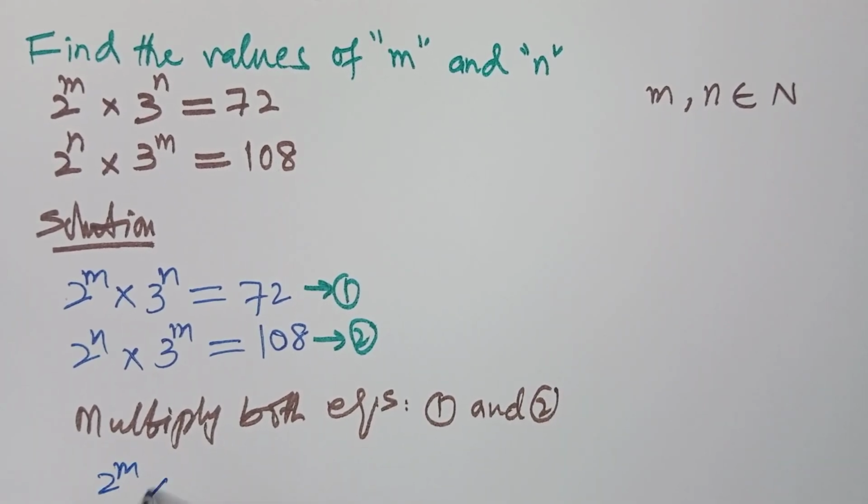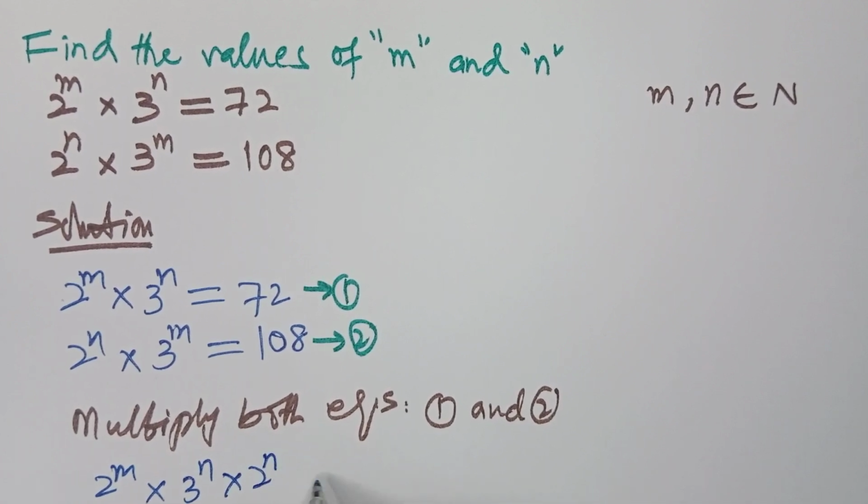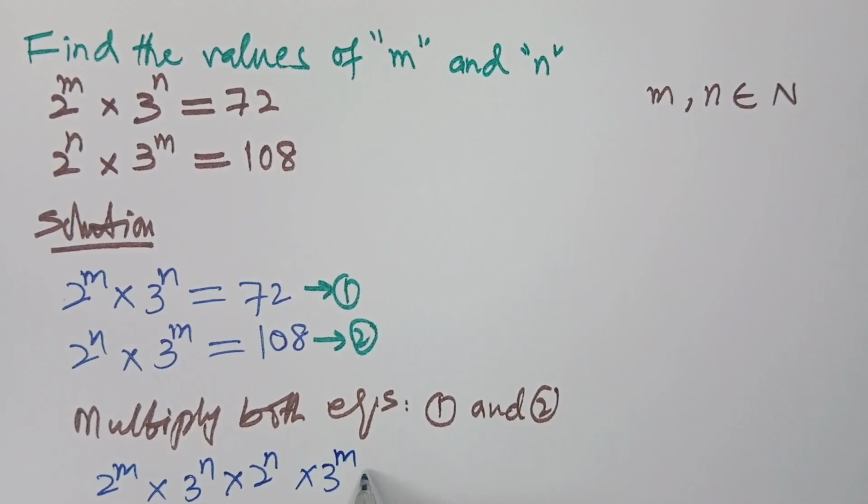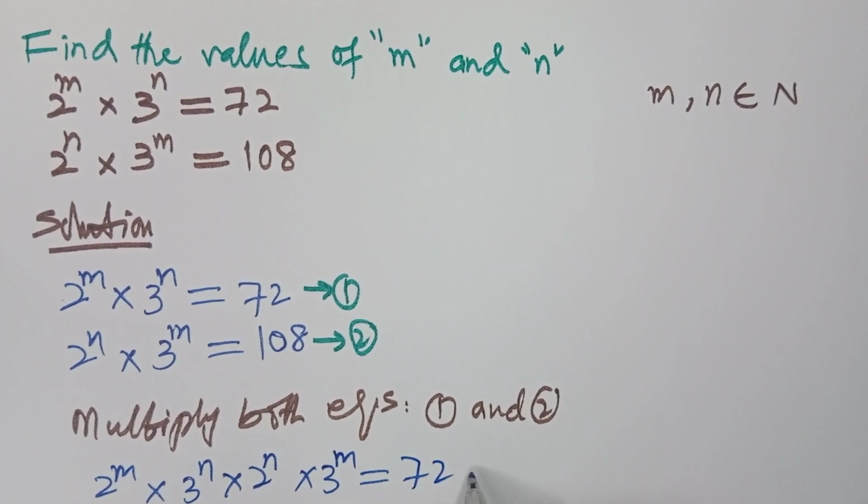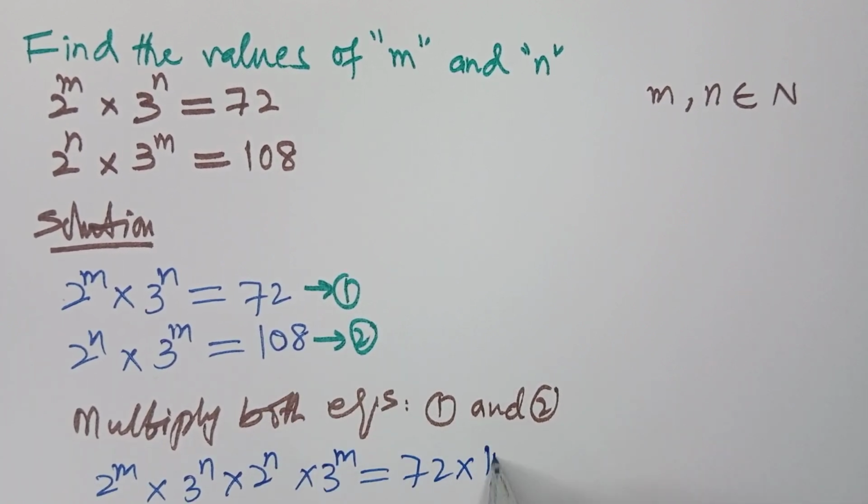Multiply: 2 power m into 3 power n into 2 power n into 3 power m is equal to 72 into 108.